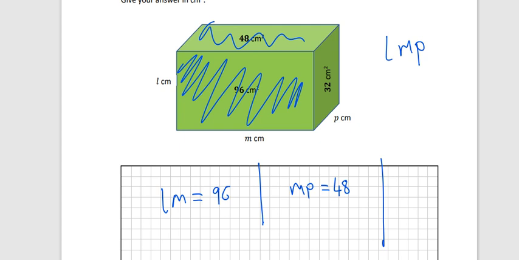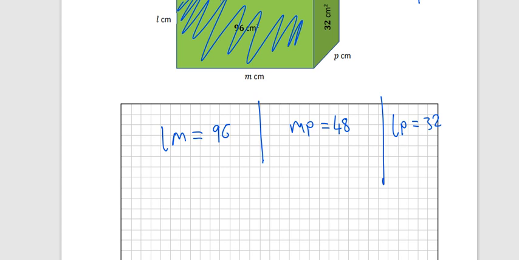And then the 32 here at the side, that is P multiplied by L, or LP has to be equal to 32. You have some marks if you get that much at least.